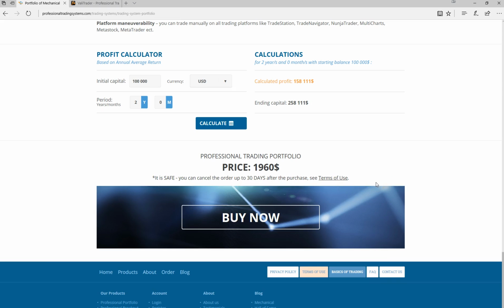Ideally, I would have liked to have seen something a little longer than that, given that the systems are only trading 2.35 or something times every week. You're not going to see a lot of activity in 30 days, so it will be hard to gauge, especially when we're talking about that sort of price point.